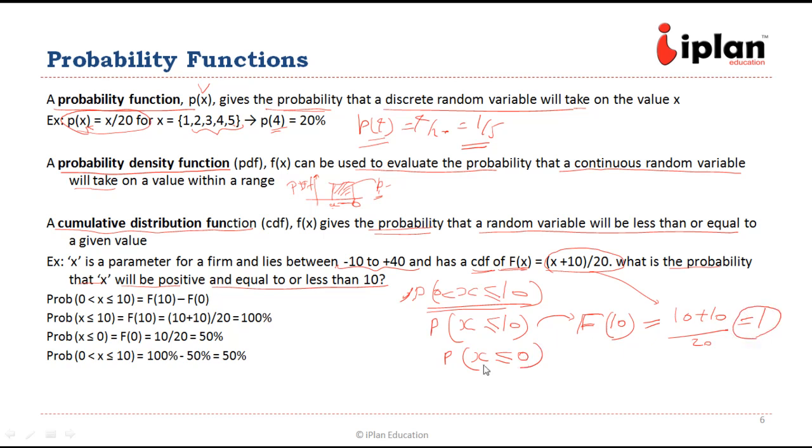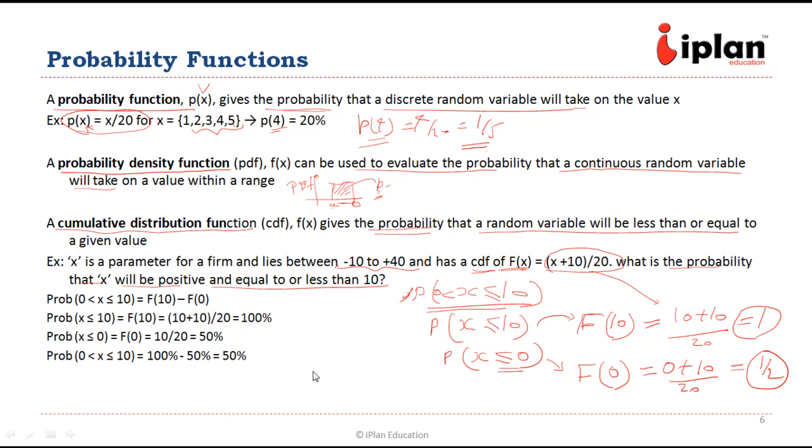Now what is the probability that x will hold a value less than or equal to 0? Again, for less than or equal to, we should use the cumulative distribution function F(x). We'll put the value as 0. (0 plus 10) divided by 20, which is 1 by 2. So it is clear that the probability of x being less than or equal to 0 is half, and the probability that x will hold a value less than or equal to 10 is 1.